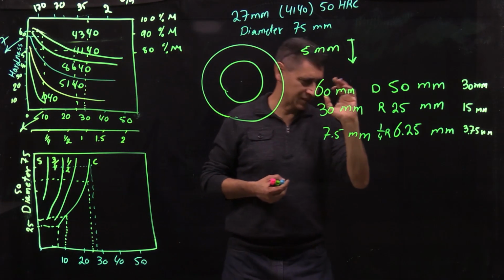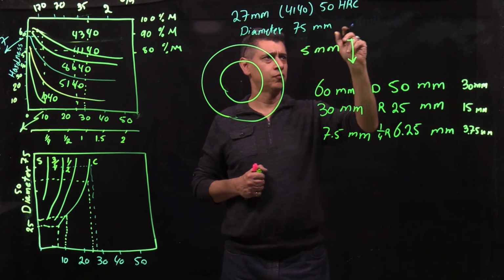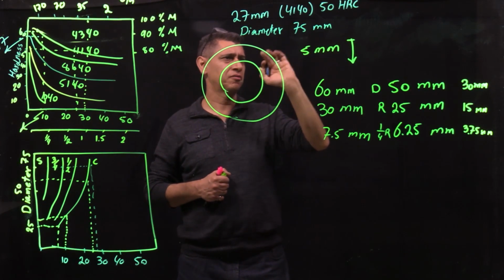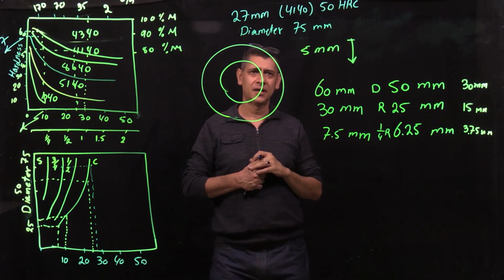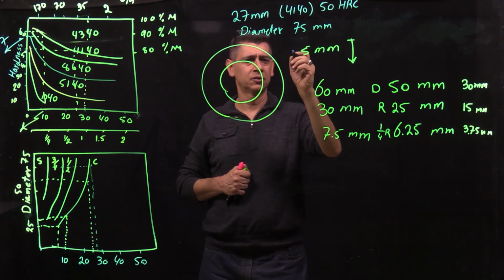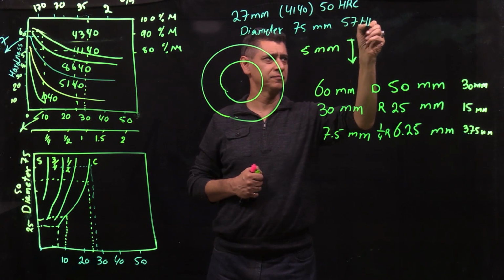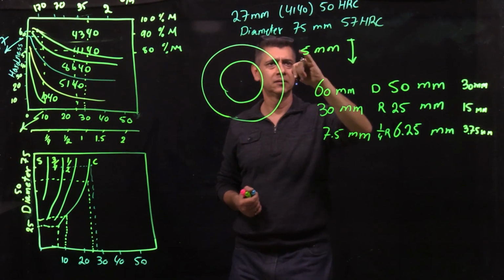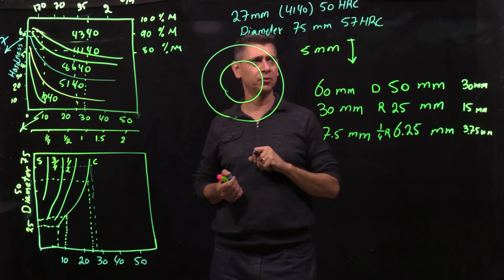So if I, for example, want to have a hardness of roughly around 55 at 10 millimeter below the surface, this one gives you a hardness of 57, and this is roughly around 9 something millimeter below the surface.